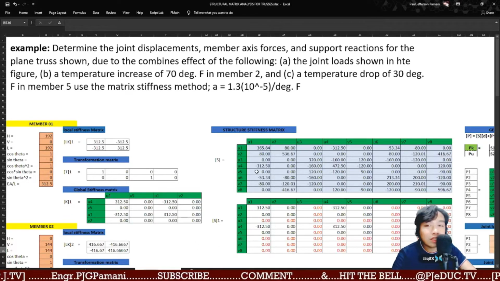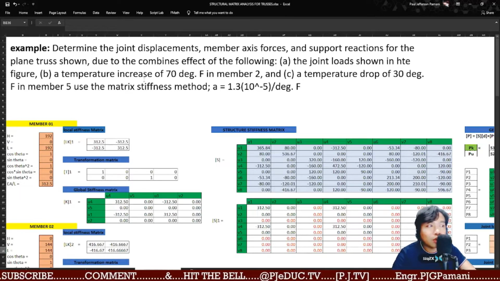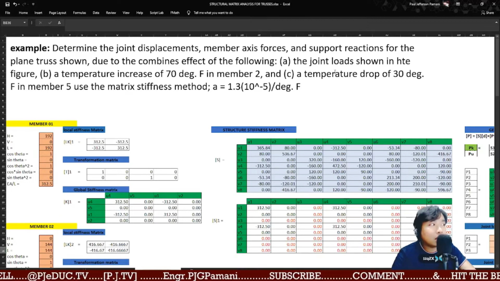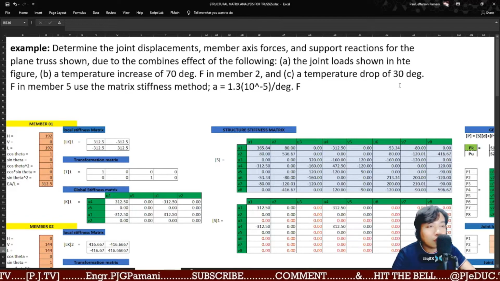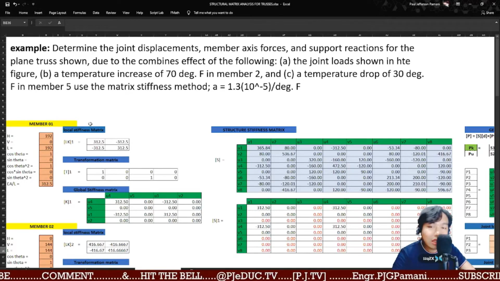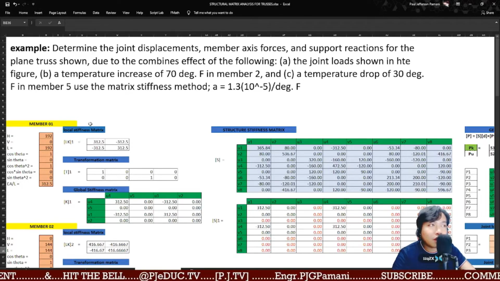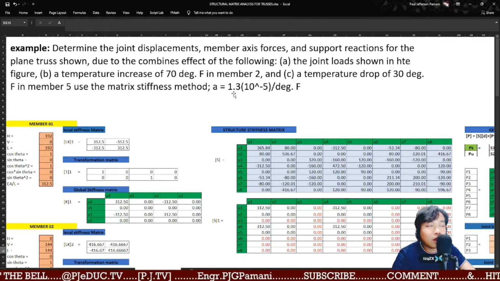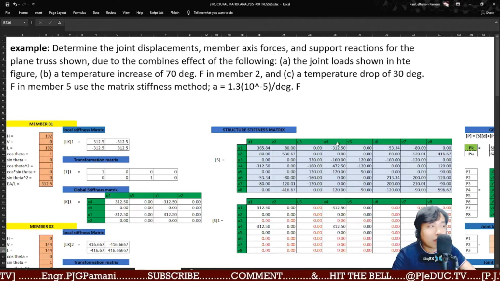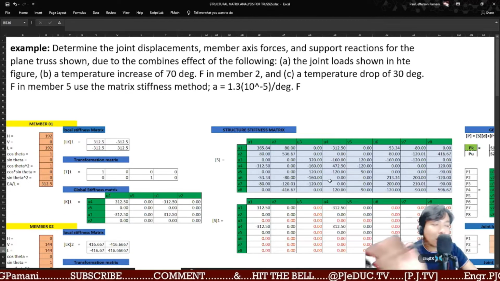This time, considering the applied load and the change in temperature. The increase in temperature of 70 degrees Fahrenheit for member 2 and a drop in temperature of 30 degrees Fahrenheit for member 5, so they differ. Using the matrix stiffness method, having the coefficient of thermal expansion equal to 1.3 times 10 raised to negative 5 per degree Fahrenheit.